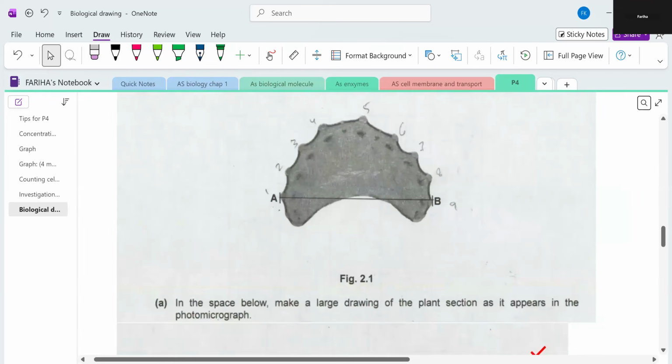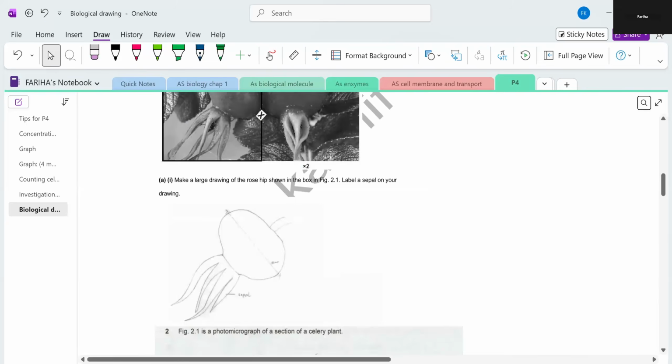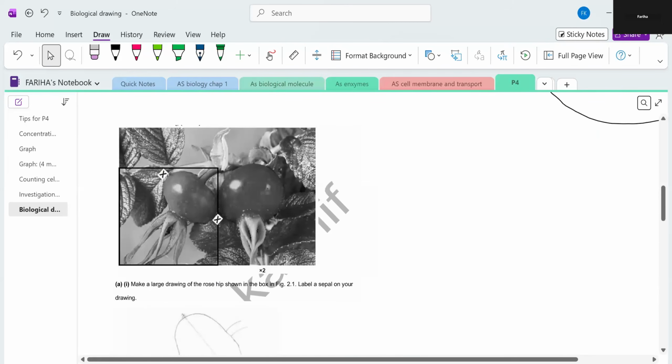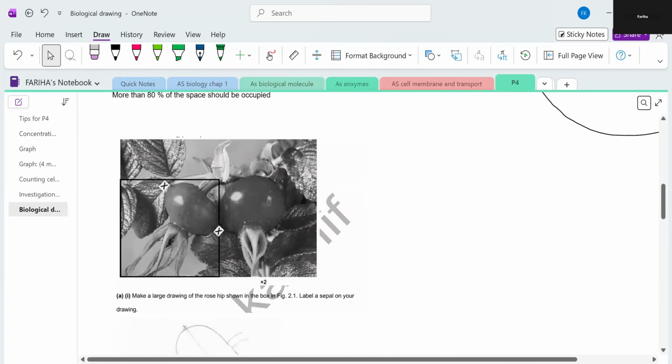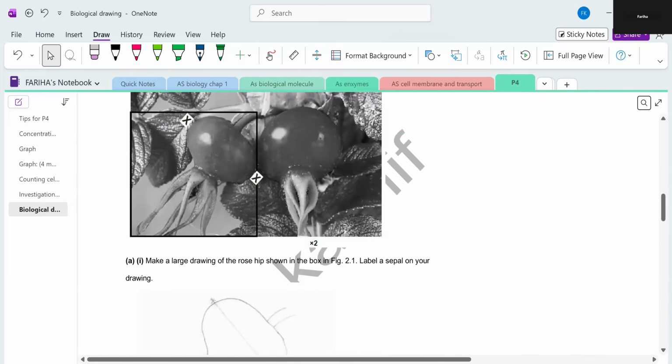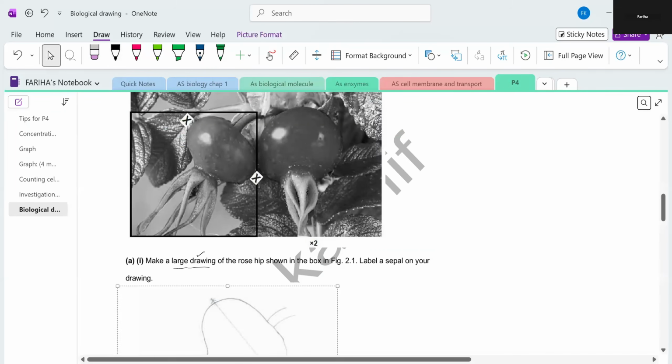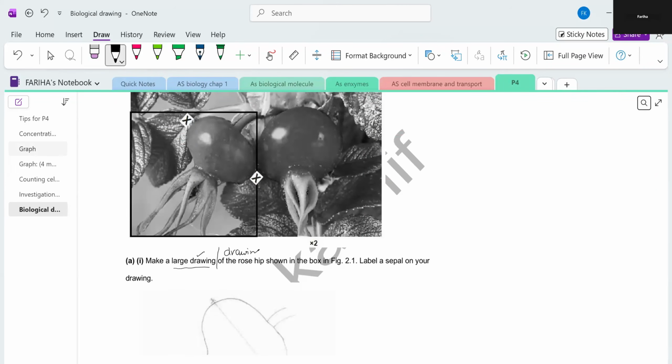For example, if this diagram is provided by the examiner, sometimes the examiner can ask you to make a large drawing, and sometimes a drawing of the same size as shown in figure 2.1, or whatever the figure is.